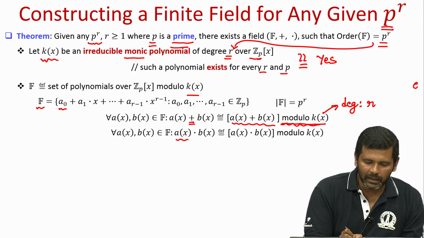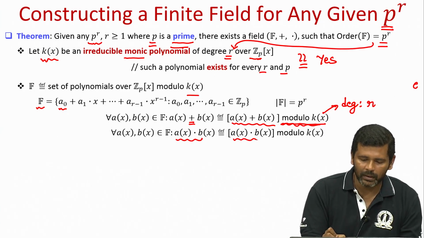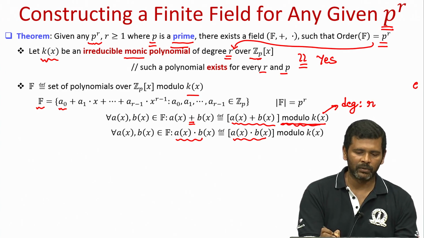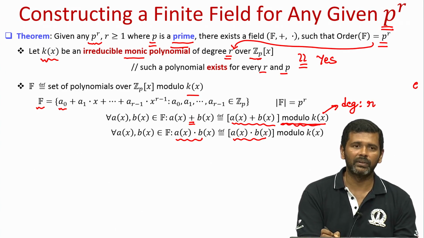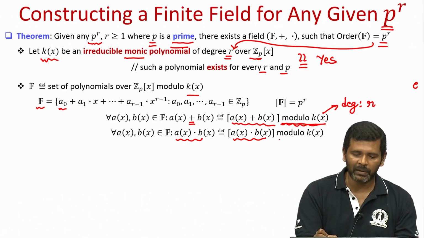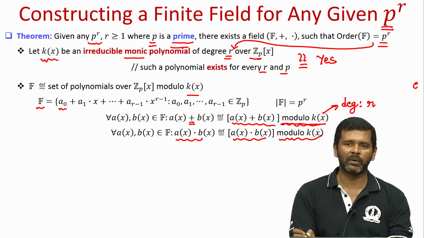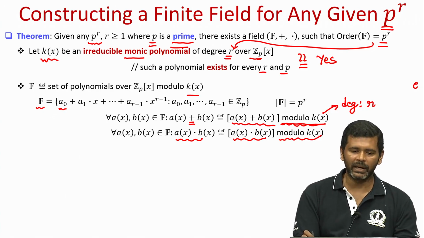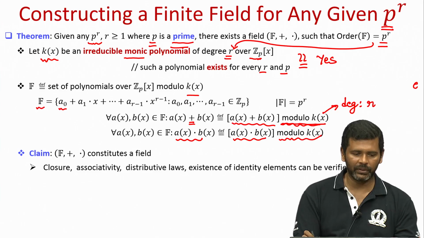And my multiplication operation is defined to be the product of the two corresponding polynomials, where the coefficients are multiplied with respect to Zp, and if the degree becomes more than r, I take modulo k(x). That is my definition of the abstract plus operation and the abstract dot operation.